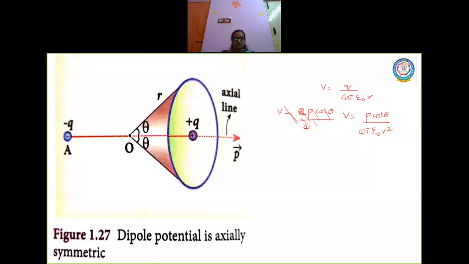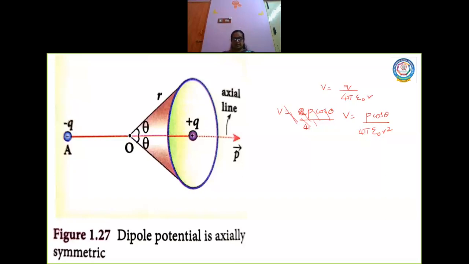But the potential is axially symmetric. Look at this diagram here. If the position vector r is rotated about p, then all the points on the cone, look at the cone, there is a blue line here, all the points lying on the cone have the same potential. So we can say that the electric dipole is axially symmetric.